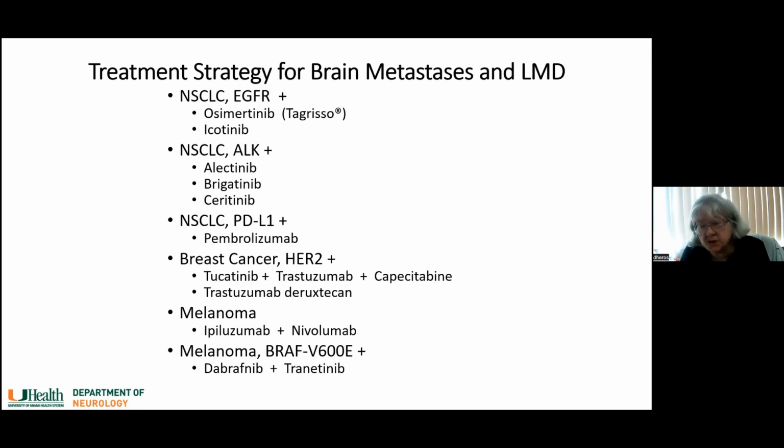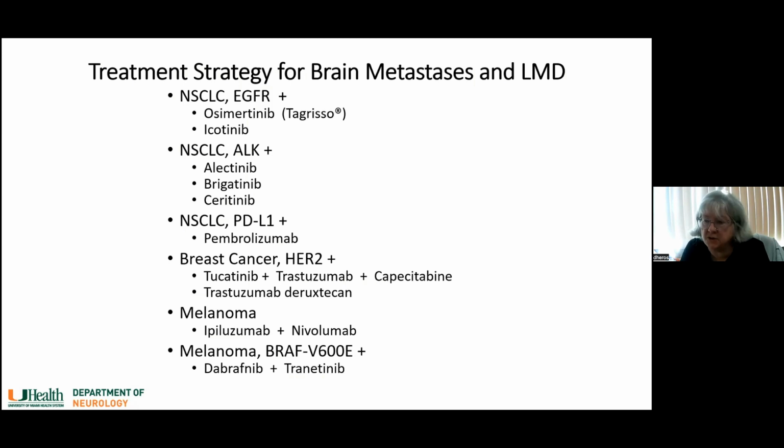That combination has now been shown to be beneficial in treating even leptomeningeal disease or asymptomatic or minimally symptomatic brain metastasis, with the hope of delaying local therapy such as SRS or neurosurgical approaches.